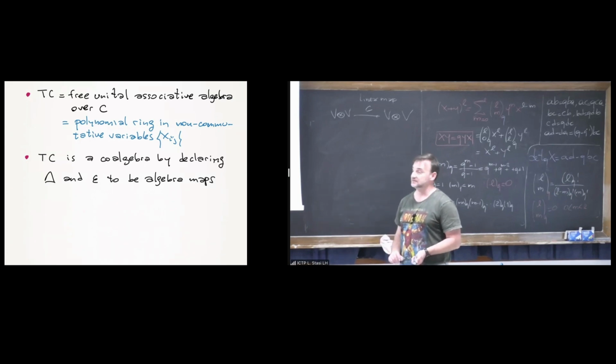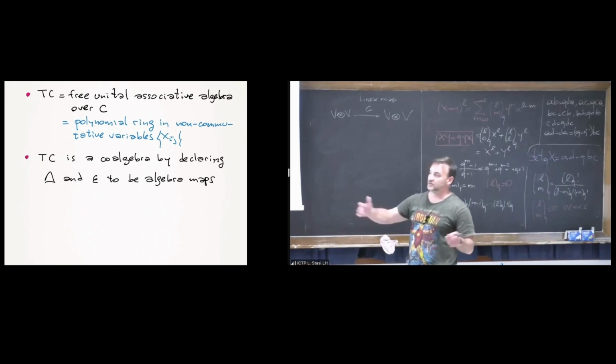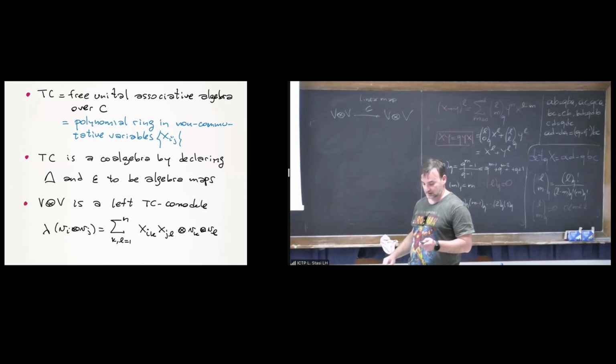By multiplying the results, as I did before. And here it's easier and more complicated in the same way, because if you multiply two things, it stays in the same order, because we don't have commutation rules. So it stays like this. It's terrible, but it is what it is. So with this one, V tensor V is a left comodule by doing this thing.